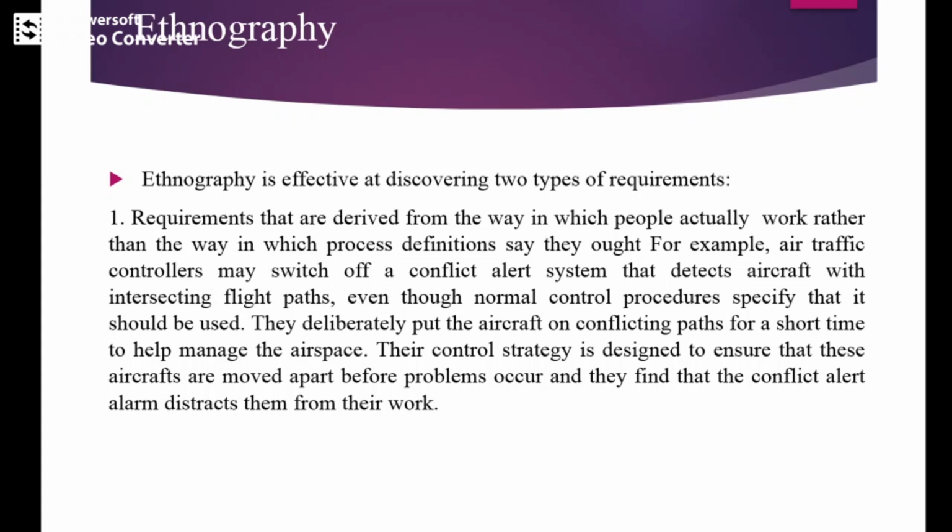According to the normal procedure, like in a textbook, it should be switched on because it will detect the aircraft with intersecting flight paths. But air traffic controllers switch it off. Why? They deliberately put the aircraft on conflicting paths for a short time to help manage the airspace.